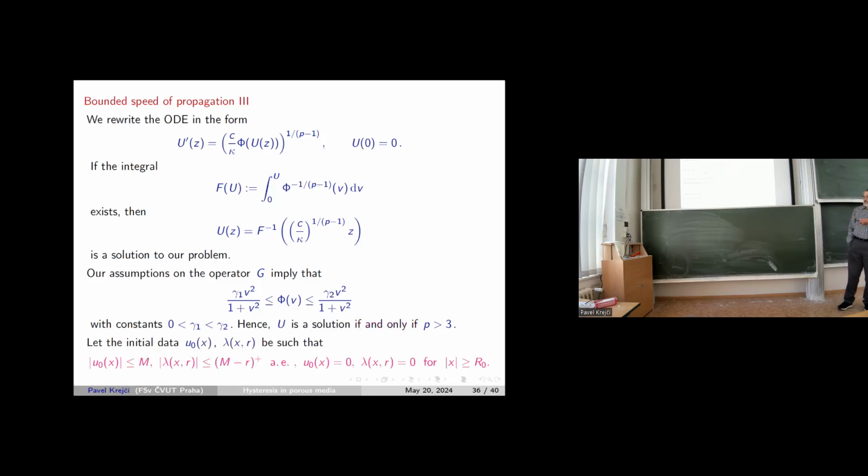And now, as I said, we take initial data which are in a bounded support, bounded by some term in the domain, in the ball bounded by R0.